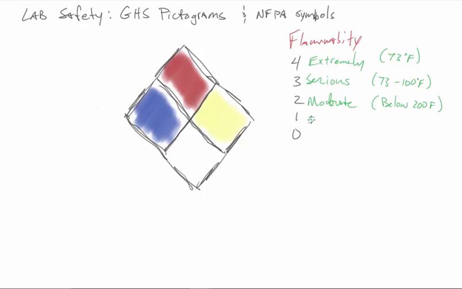And then slight. Slight is slightly combustible, requires strong heating to ignite, which means we're going to have to put an open flame to it and hold it there before it's going to go. And then for 0, this would be minimal, which means it's not going to burn under normal conditions. So even if we put it in a flame, it's not going to catch on fire.